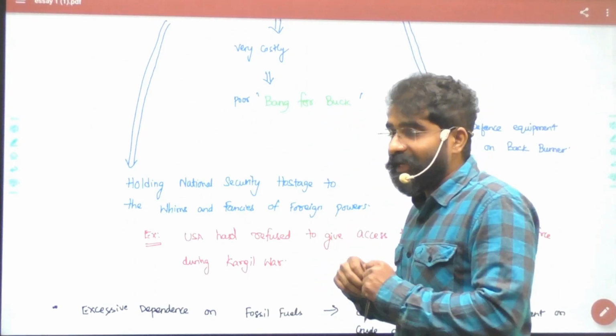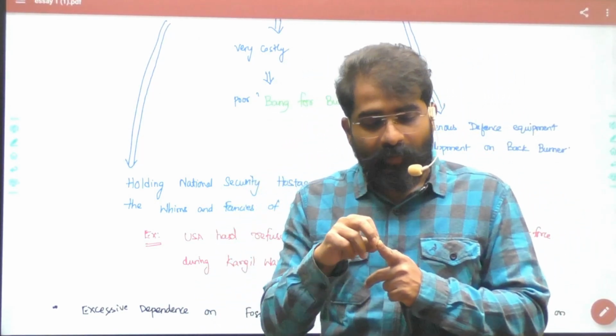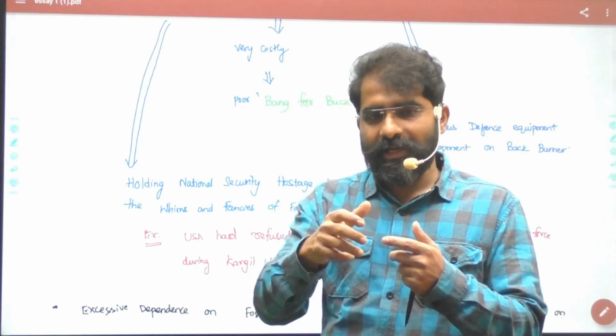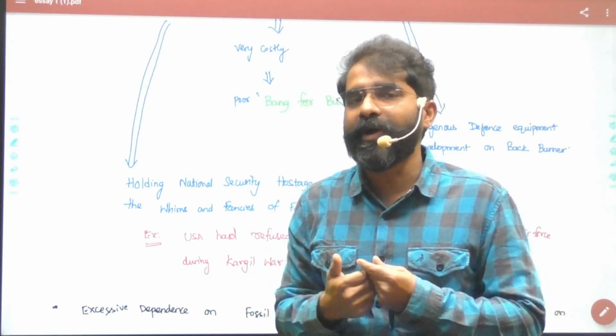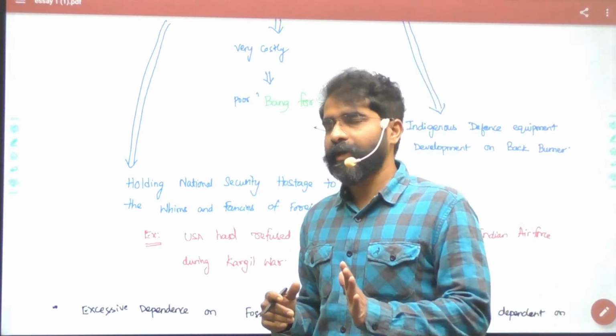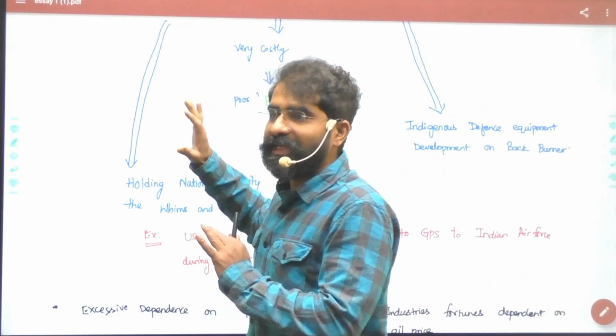When I prepare the 360-degree sketch, if I have three points in mind for each area, my essay is automatically done. So this is one way to prepare a 360-degree note.